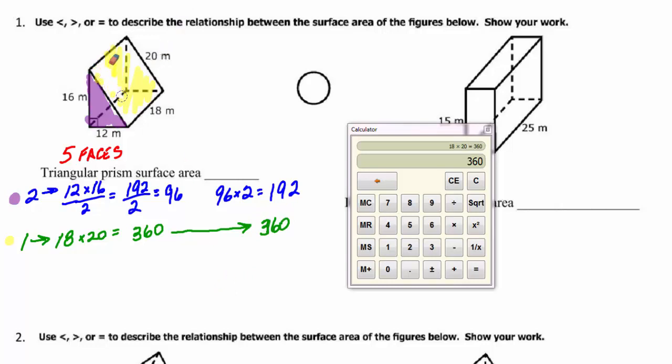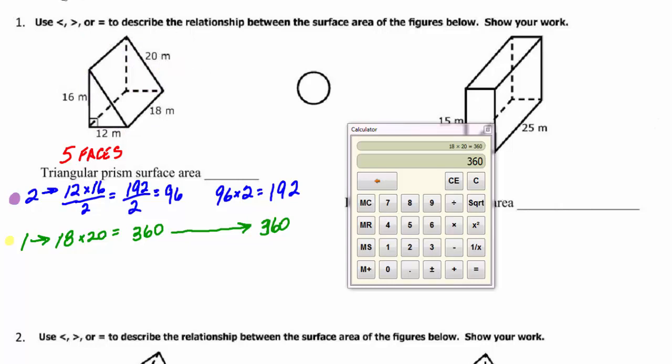And by the way, let me go back for just a minute. When I got that 192, that 192 was both of those faces because I multiplied by 2 to get them both. I wish I had 6 of these figures so I could show you each one individually, but we're going to have to work with what we've got.